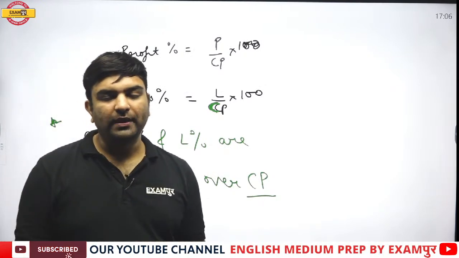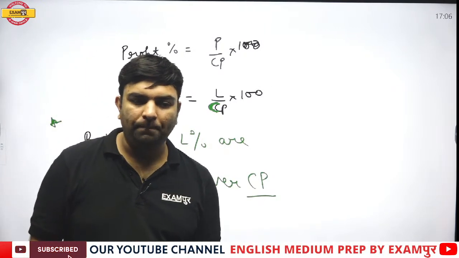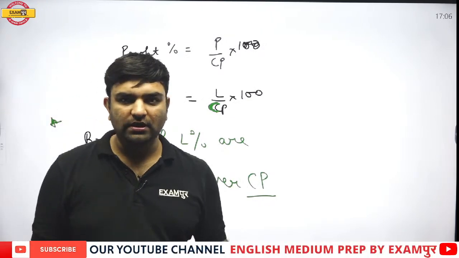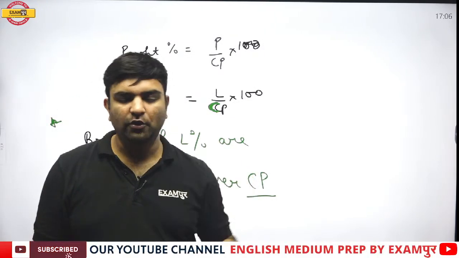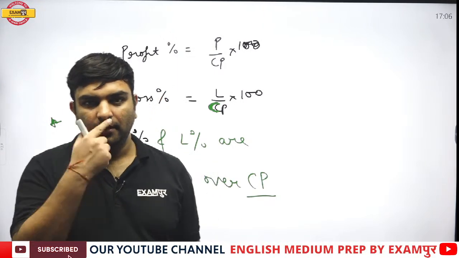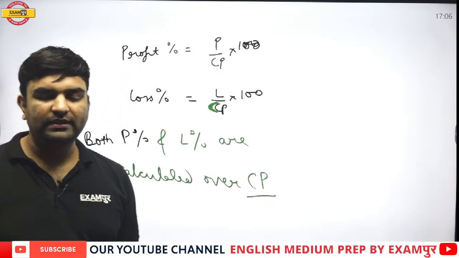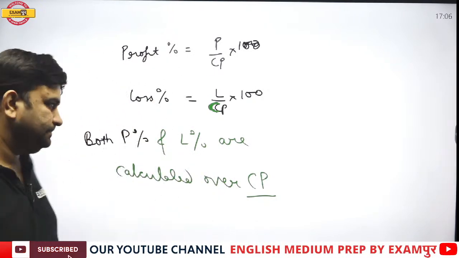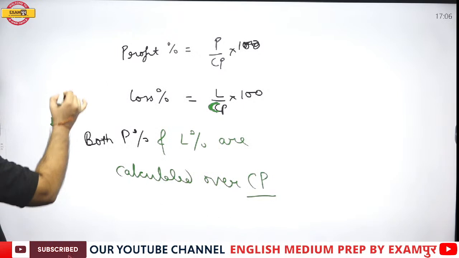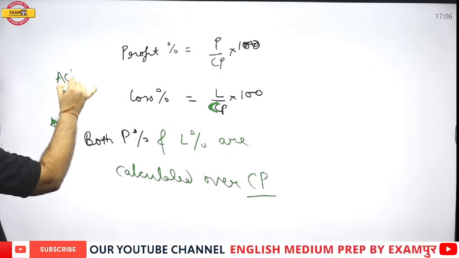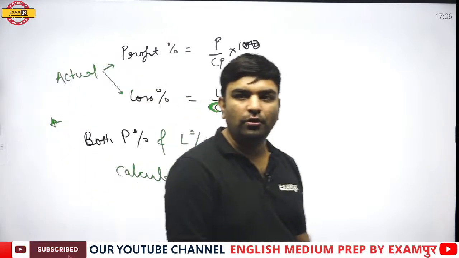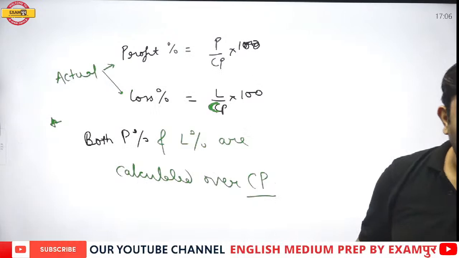If they were calculating over SP, they would properly mention it. If nothing is said, it means it is calculated over CP. Ideally, it should be calculated over CP only.